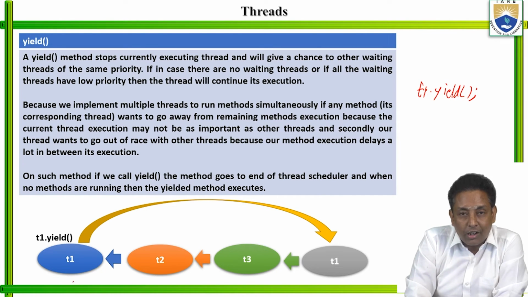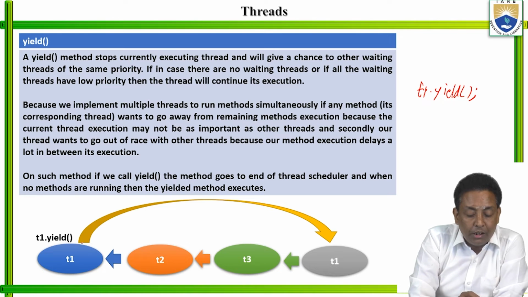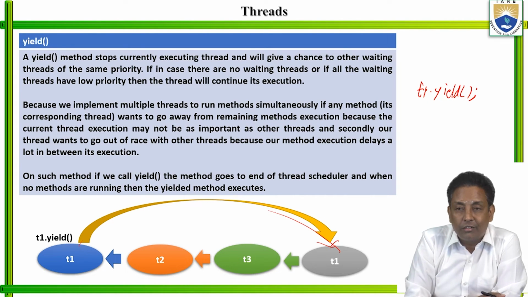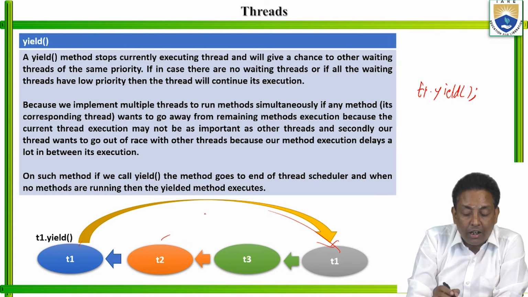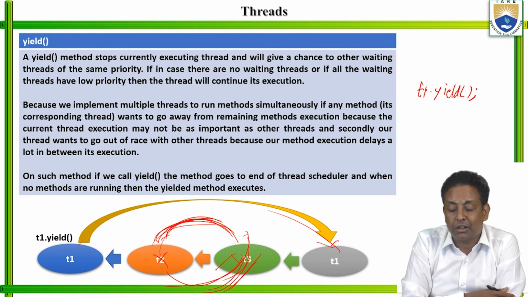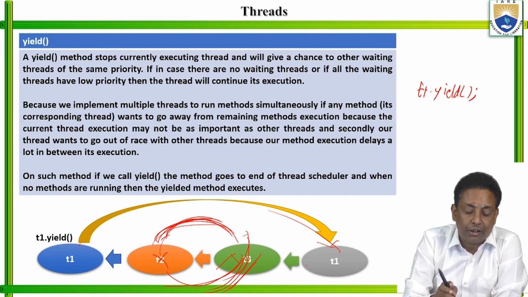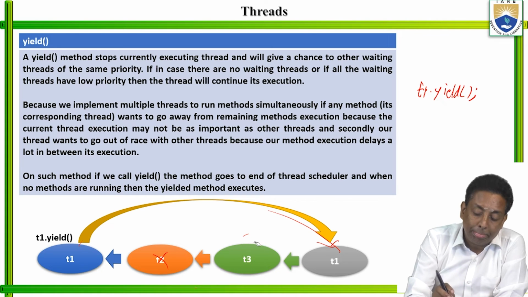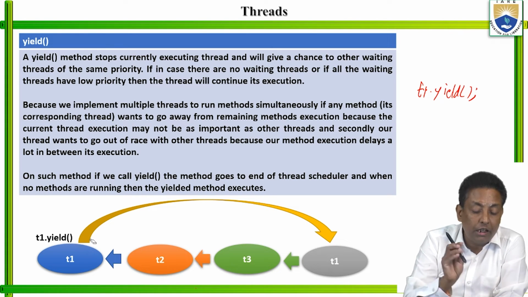The moment you call t1.yield, it will immediately go to the end of the thread scheduler and it will let t2 and t3 complete their execution. t2, t3, t2, t3, t2, t3. The thread scheduler will take care of t2 and t3. Once these threads' execution is completed, then t1 will execute. That is the actual meaning of the yield method.